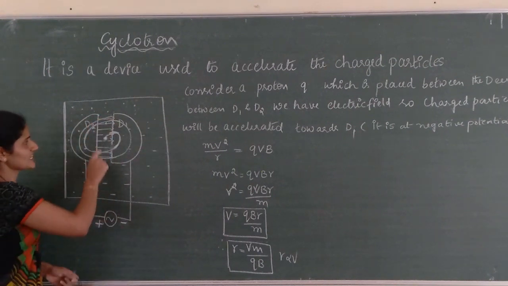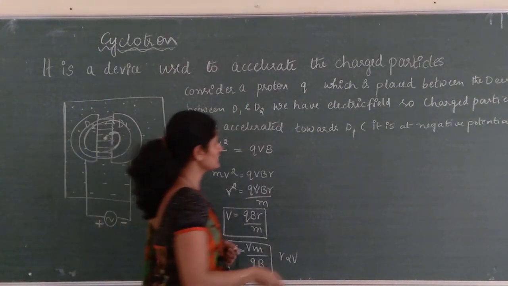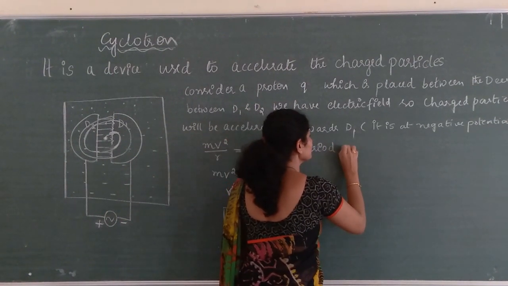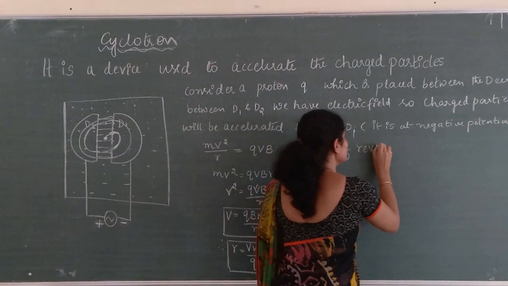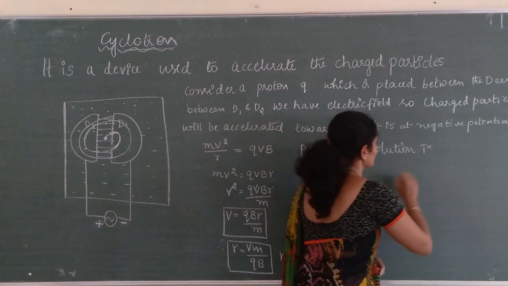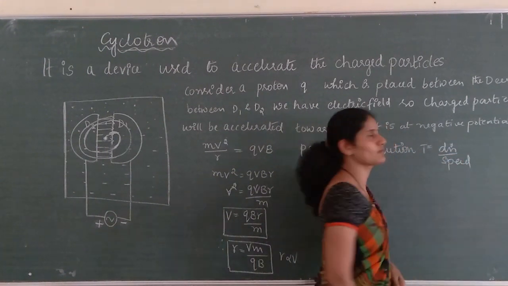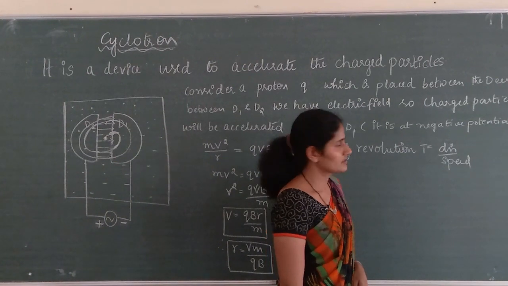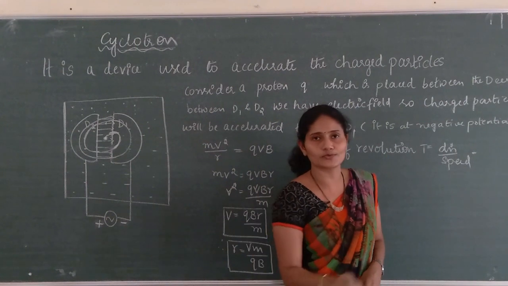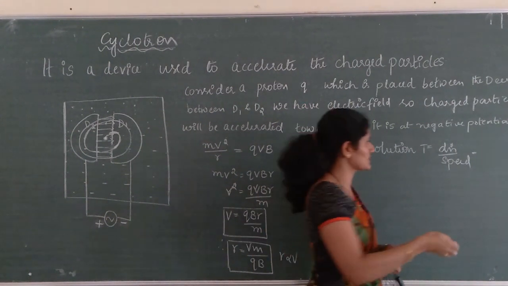Now, let us see the expression for the time period, the period of revolution. We know that the period of revolution T is equal to distance by speed, right? Speed is equal to distance by time. During one complete revolution, the distance covered by the body is nothing but the circumference of the circle.